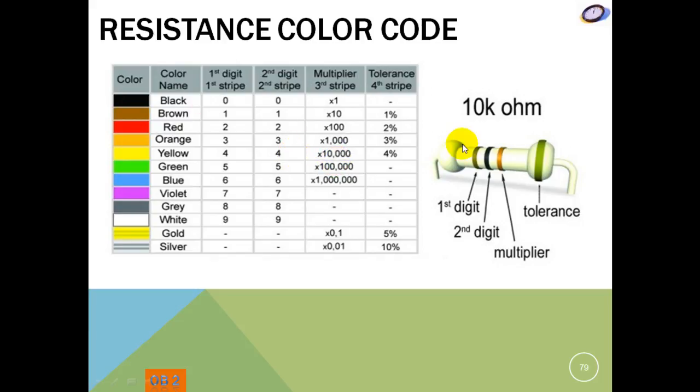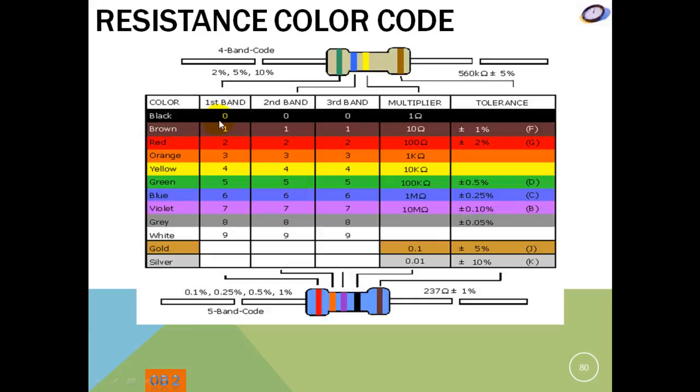You also have one like this showing a 5-band: three digits, a multiplier, and the tolerance. It reads pretty much the same way. Say the bands are red, orange, purple, and black.